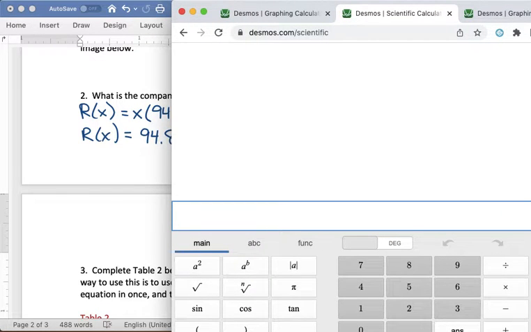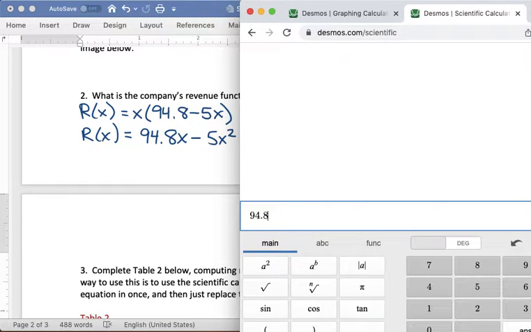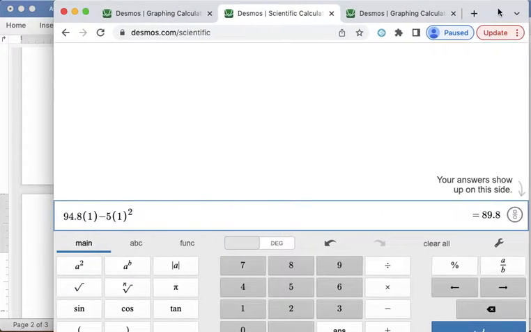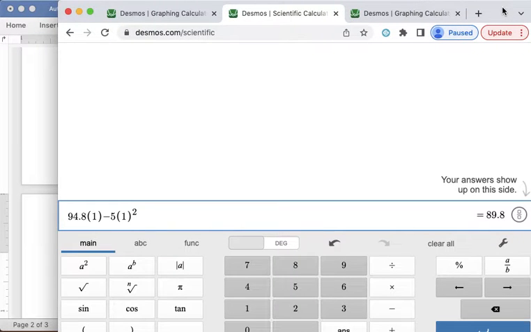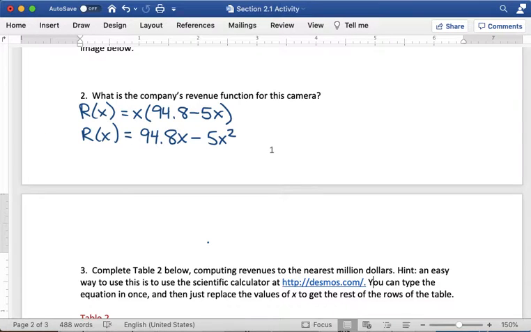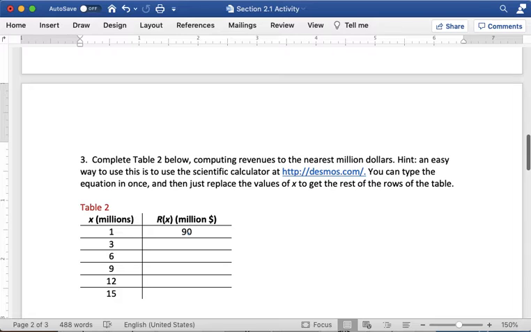So I'll use the bottom one here, 94.8 times x minus 5 times x squared. And I can use the squared key here on the calculator. And I get that answer of 89.8, and it says to round to the nearest whole number, which is why it says 90 in the table.